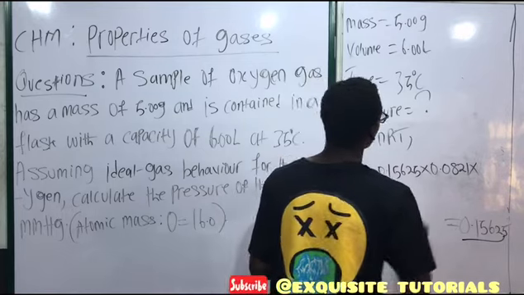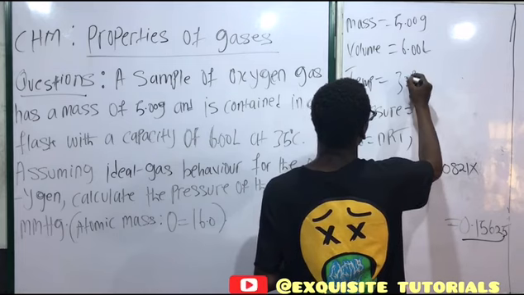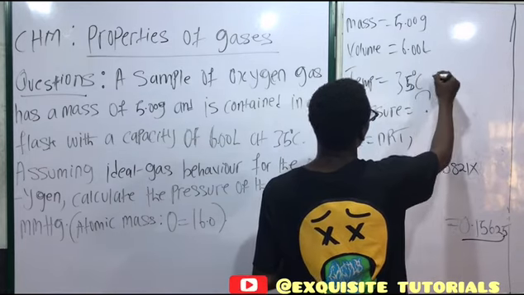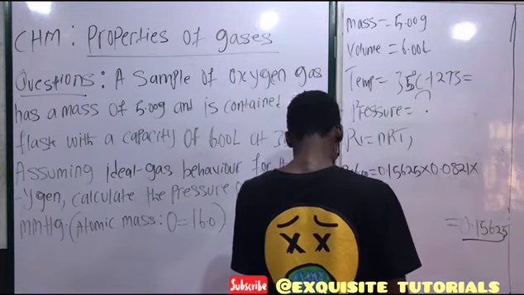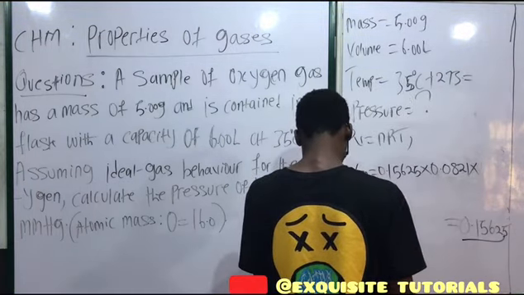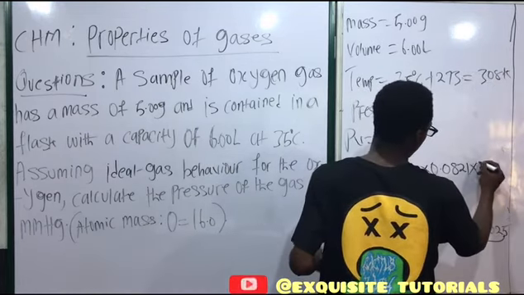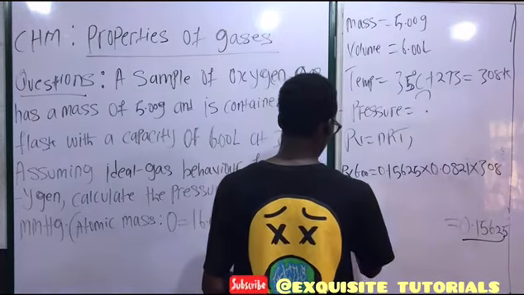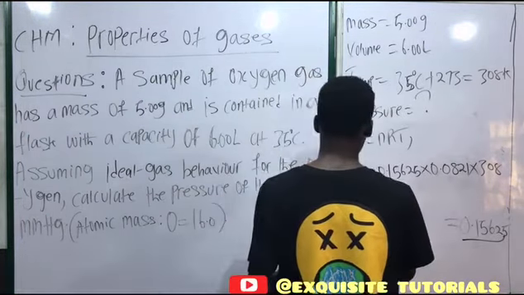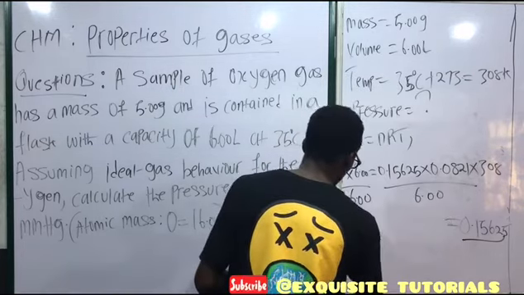Temperature should be in Kelvin. So this is 35, then we add 273 to it. We have it to be 308 Kelvin. Now our pressure will be divided by 6.00.